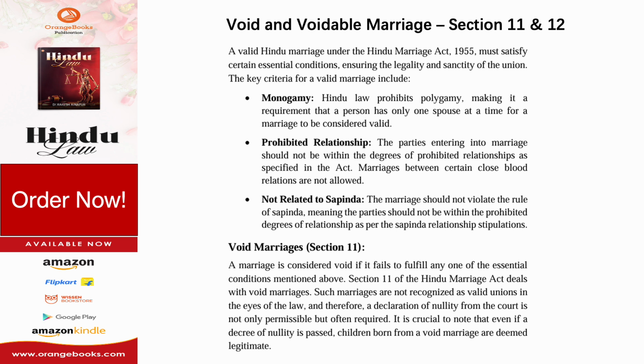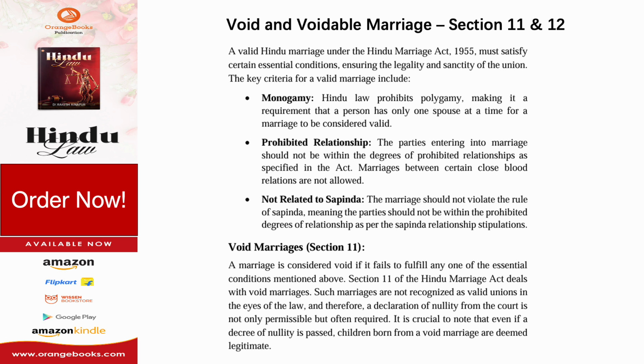Certain degrees of relationship, marriages between blood relations, are not allowed. Also the parties should not be related as sapindas, which is nothing but having the same ancestor within 5 to 7 generations. The marriage is not allowed, but there are some exceptions to it. All these things we discussed during our section 5 to section 8 discussion in an earlier video.